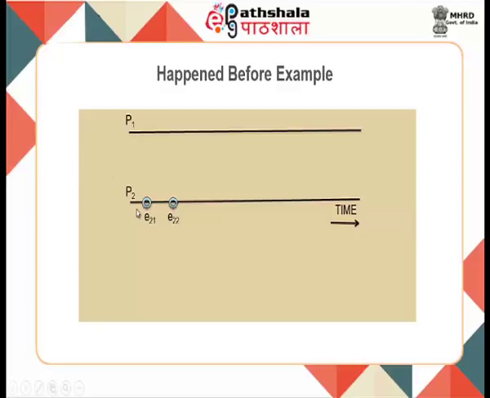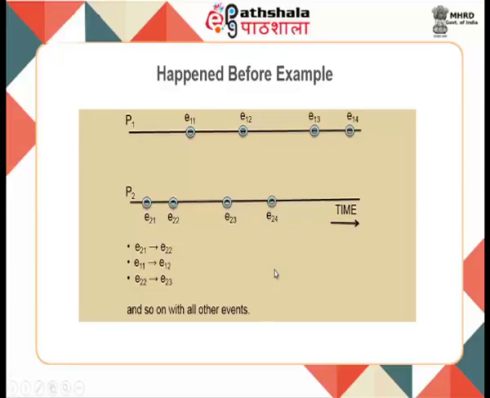So, E2,1 indicates it is happening in process 2 and it is the first event in P2. Similarly, E2,2. So, E2,1 happened before E2,2. Similarly, if there are two events in P1, E1,1 and E1,2, then E1,1 happened before E1,2. Similarly, E2,2 happened before E2,3. We can continue having happened-before relationships.